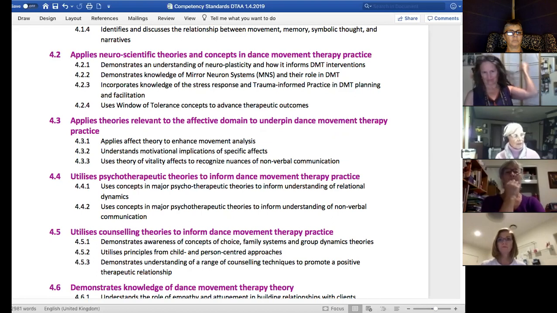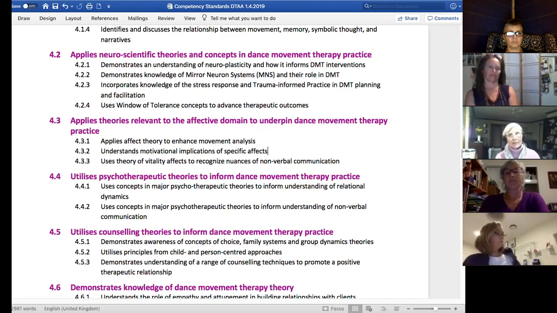So we do need a dance therapist to understand and be able to demonstrate their understanding of key ideas like neuroplasticity and how it is related to interventions, to understand what mirror neurons are, and understand stress and trauma responses, and autonomic nervous system ideas such as the window of tolerance.